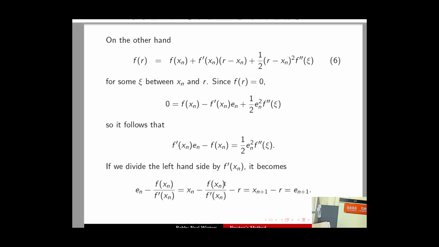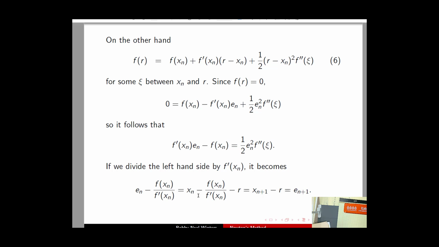Okay, so we can divide the left-hand side of this by f prime of xn, and this will then reduce, giving us en minus f of xn over f prime of xn.